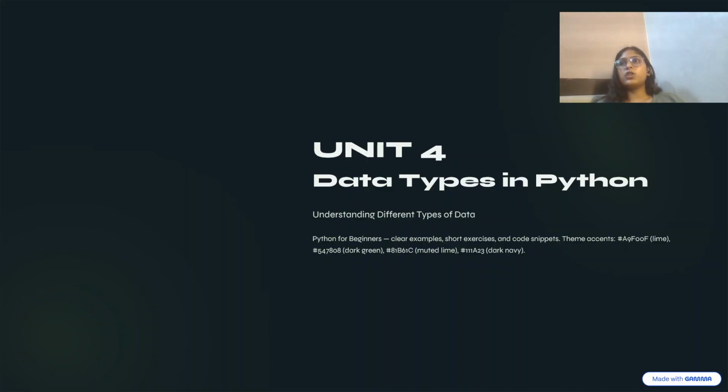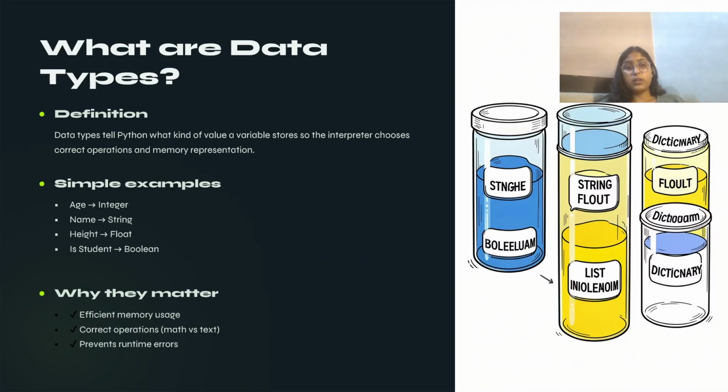Has he taken the TC from the school? It depends on many things, right? If talking about an amount, it is a float. If I ask, is it a pass or a fail? Just two conditions, so it's a Boolean. And if you're talking about identity, it's either a number like an admission number or it's a name. So data types matter a lot.